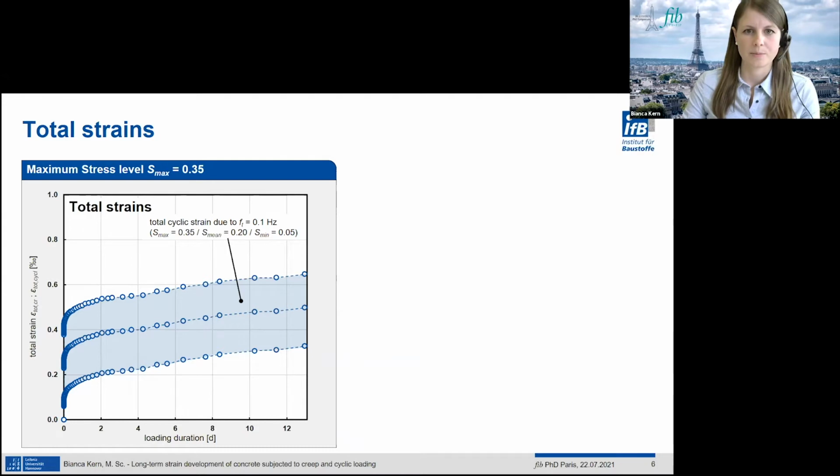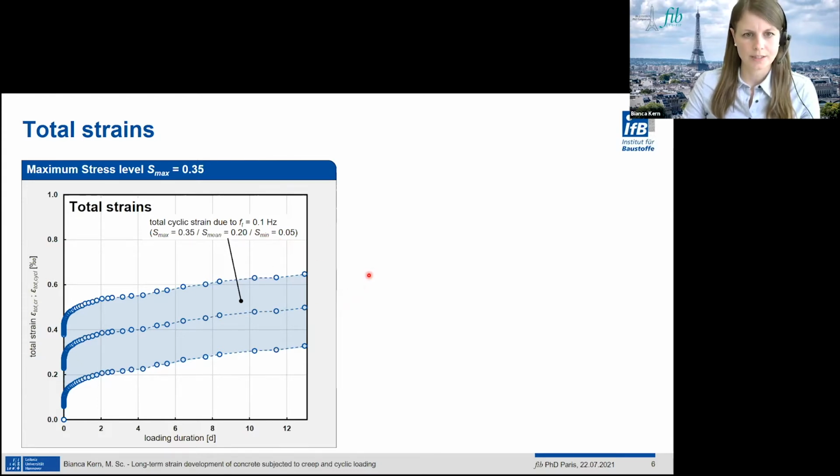This leads me to my experimental results. Here you can see the total strain due to a cyclic test with a test frequency of 0.1 Hz. The maximum stress of 35%, the mean stress of 20%, and the minimum stress level of 5%.